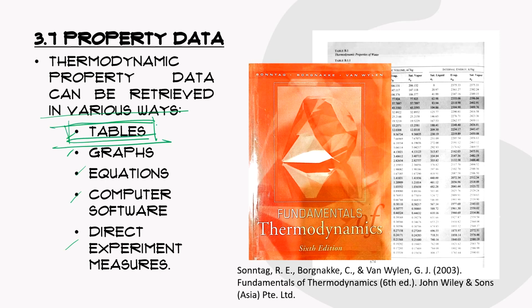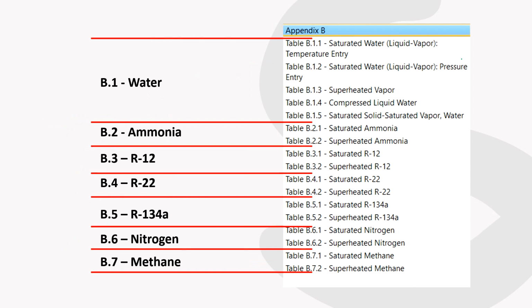We will be using one of our reference texts, Fundamentals of Thermodynamics by Sonntag, Borgnakke, and Van Wylen. In the appendix, there's this Appendix B, a set of tables for various pure substances. Just in summary, here's the table.